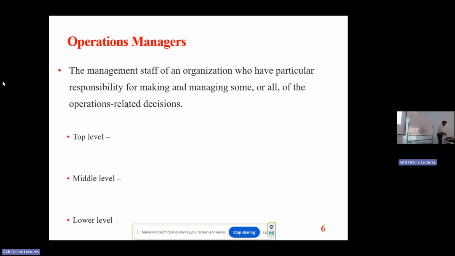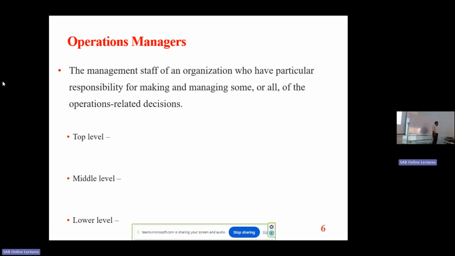So we study about them, their decisions, how to make their decisions, what concepts and theory to use. In your understanding, in this subject, we mostly study what level of managers: top level, middle level or lower level? We are going to study mostly the middle level operations managers and their responsibilities and how they should make decisions.